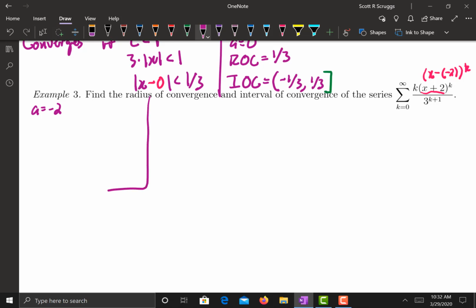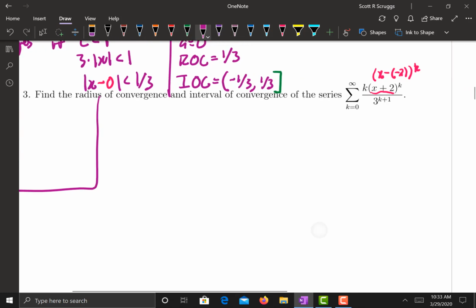For this example, I'm going to put the radius of convergence and the interval of convergence over here. Again, if you want to, you could do the root test for it. In this example, I'll do the ratio test again. Let's list out a of k, which is k times (x plus 2) to the k power divided by 3 to the k plus 1.